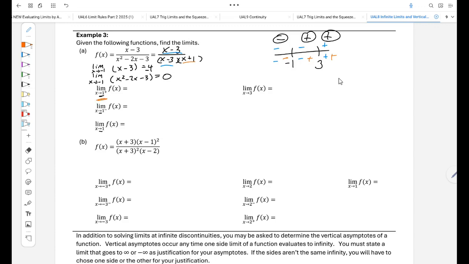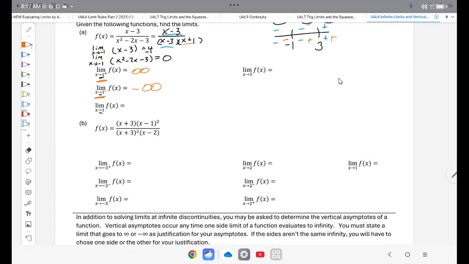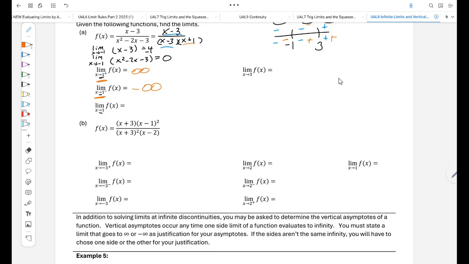To the right of negative 1 is positive infinity. To the left of negative 1, we have a big negative sign. That's negative infinity. If the infinities don't match, the overall limit does not exist.